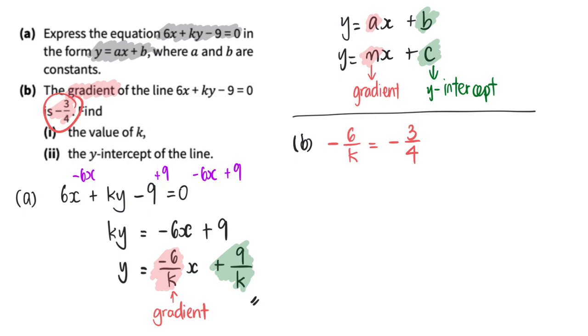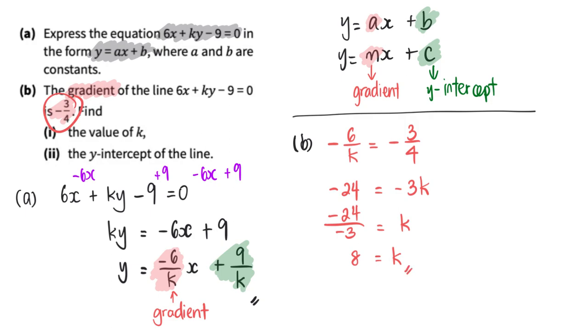So from here, I'm going to multiply by k on both sides and multiply by 4 on both sides, so that I will have negative 24 equals to negative 3k. And from here, I'm going to divide by negative 3, so that I will get my value of k here.